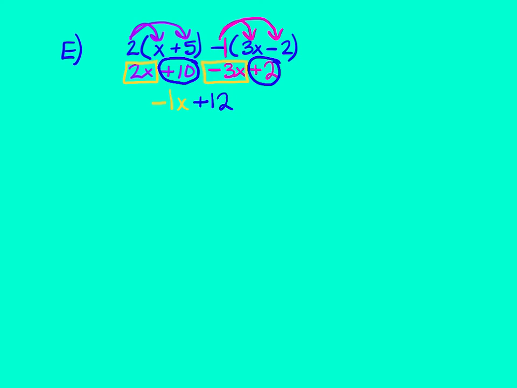Negative 1x could be written with the 1, or we could drop the 1. There's still an invisible 1 there. So I could write it as negative x plus 12, or I could write it as negative 1x plus 12, and they're both correct. I could have also written that as 12 minus x, or 12 minus 1x.